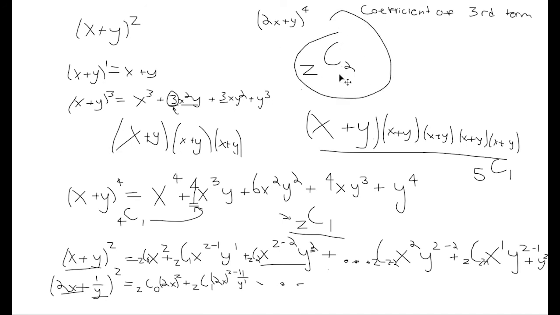So this is what we need to figure out. And we know that z is 4 in this case. I'm just going to do this question and not explain as I go.